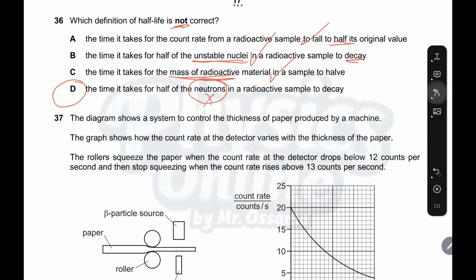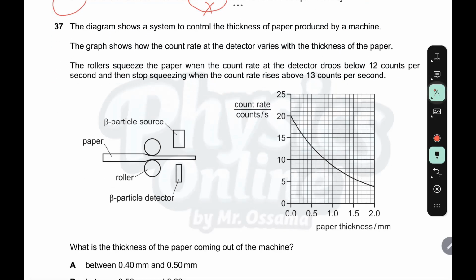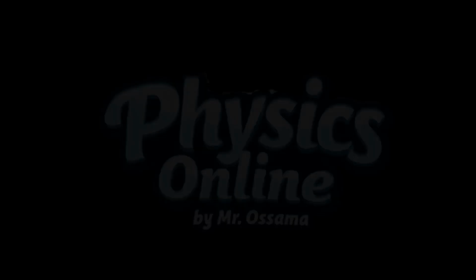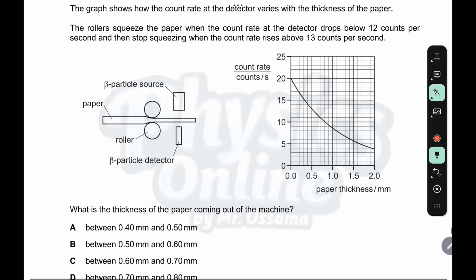Question 37. The diagram shows a system to control the thickness of paper produced by a machine. The graph shows how the count rate of the detector varies with the thickness of the paper. The rollers squeeze the paper when the count rate at the detector drops below 12 per second, and then stop squeezing when the count rate rises above 13 counts per second. What thickness of paper is coming out of the machine?